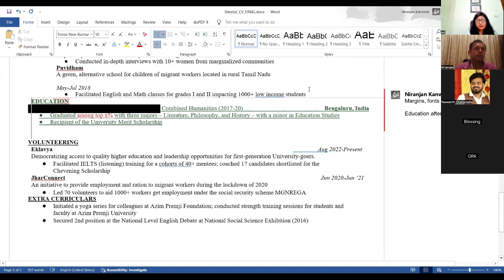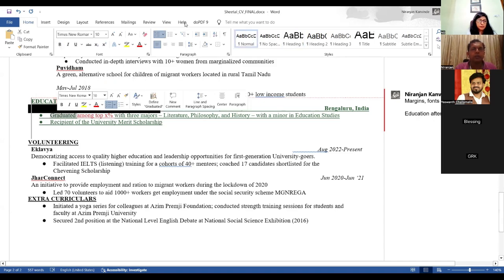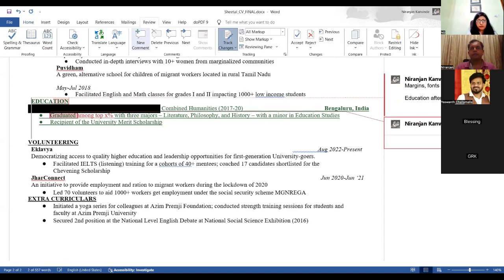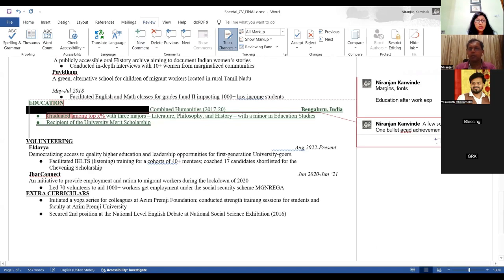Right. So your one bullet is related to your academic achievements. There are a lot of applicants who put many project works that they had done during undergrad, but you don't really need to put those unless it was something exceptional and it ties with your career goals.